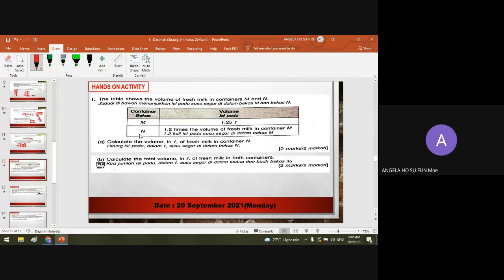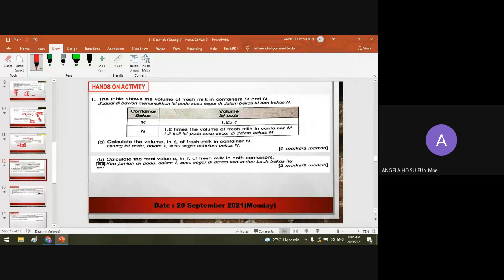And then N is 1.2 times the volume of fresh milk in container M. What does it mean by the word times here? Anyone can tell me? What is the symbol for this? Multiply? Very good.